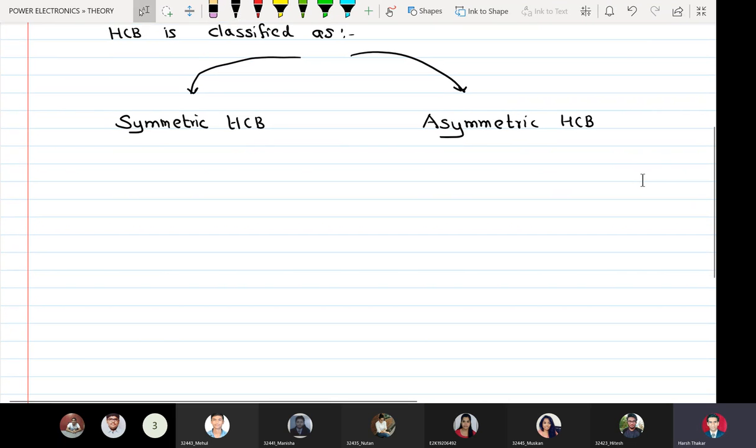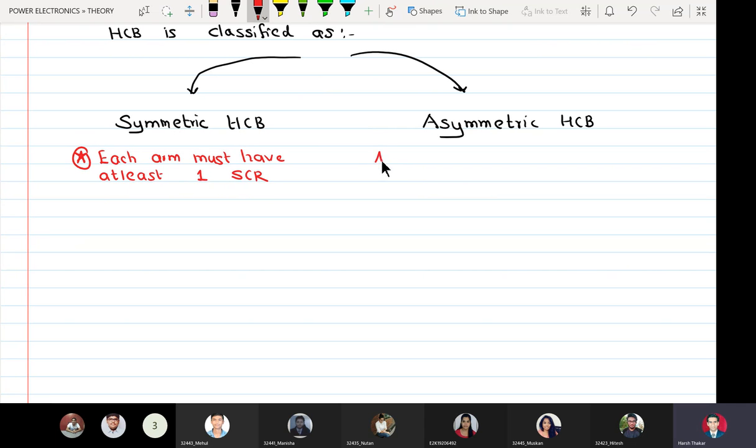What is a symmetric HCB? Each arm should have at least one SCR. Okay, the criterion is each arm must have at least one SCR.